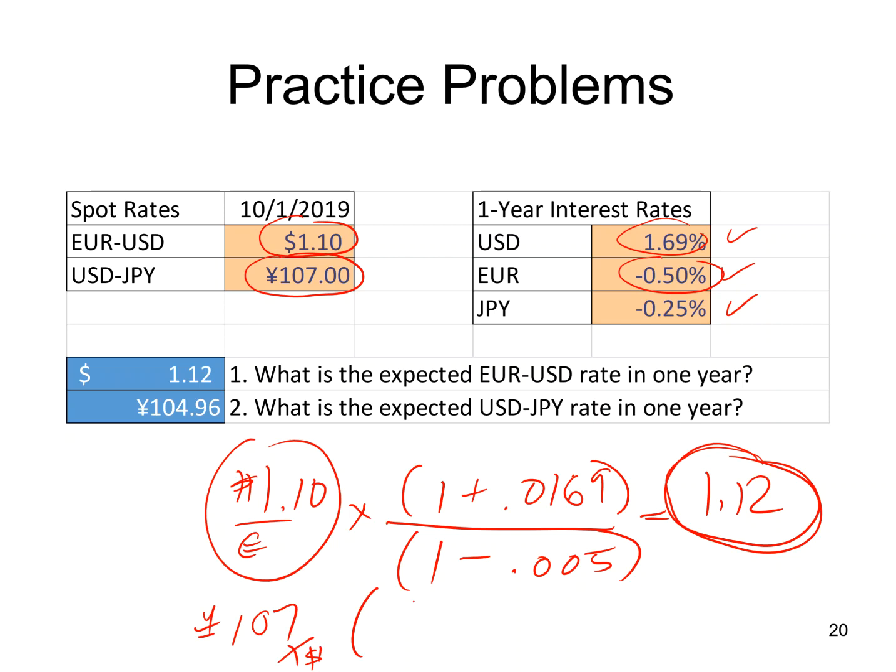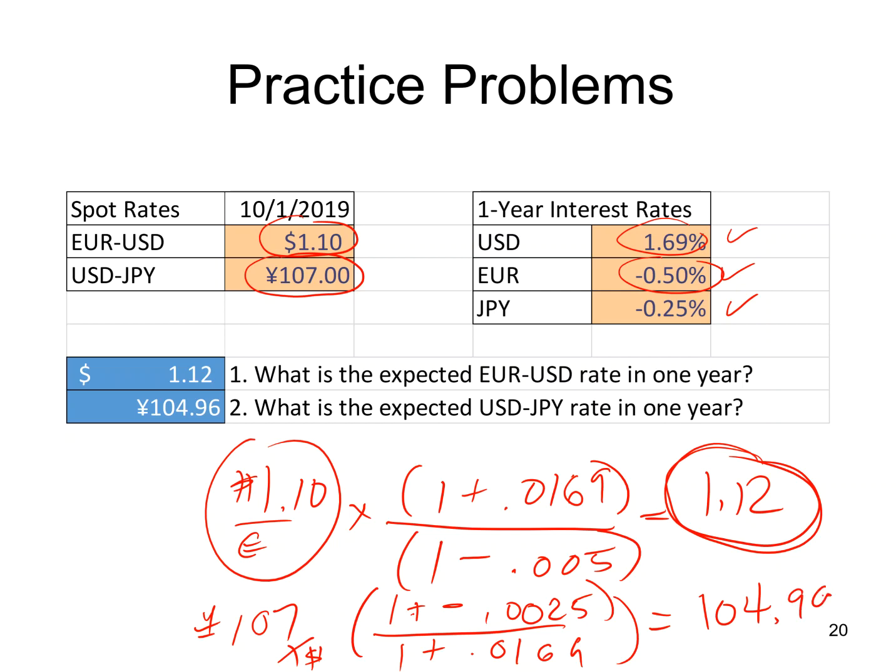Now for the yen, I'll just put in my equation: today's price, 107 yen per dollar, times yen over dollar interest rates. So that's 1 minus 0.0025 over 1 plus 0.0169. And that gives you a number of 104.96 yen per dollar. So again, US interest rates are 1.69, yen interest rates are negative 0.25, so we'll just call it a 2% difference.